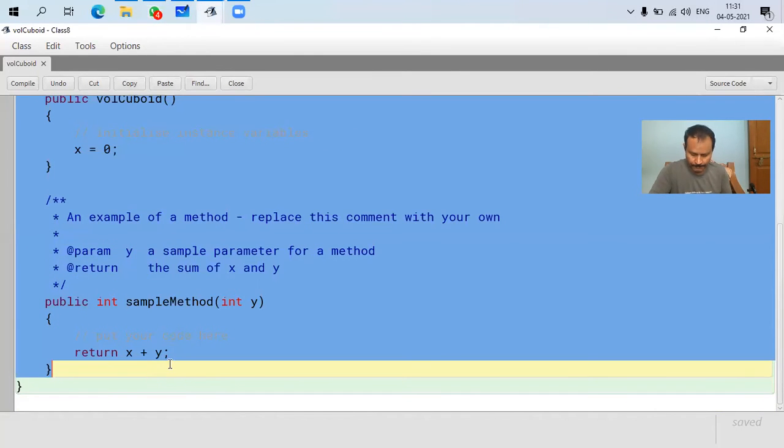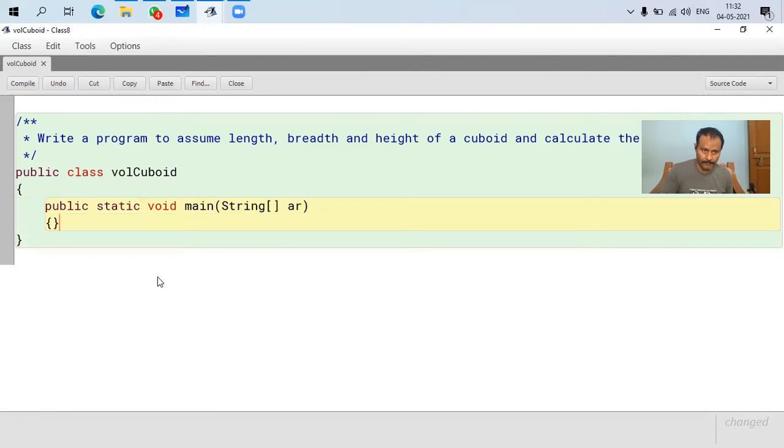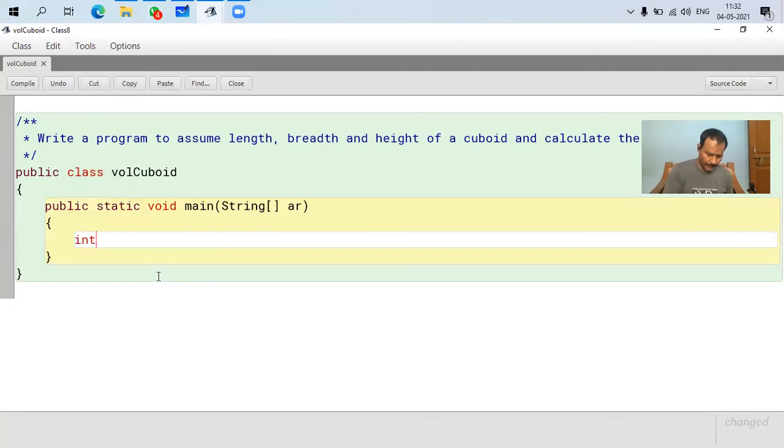Remove public, static. What we need: length, say 10, breadth, say 8, and height, say 3.